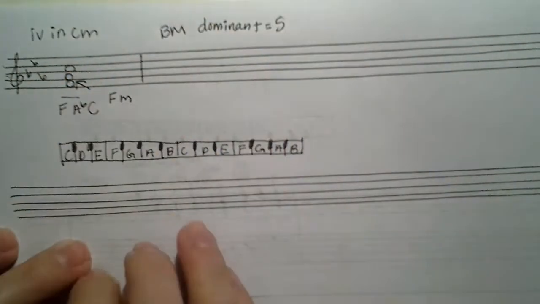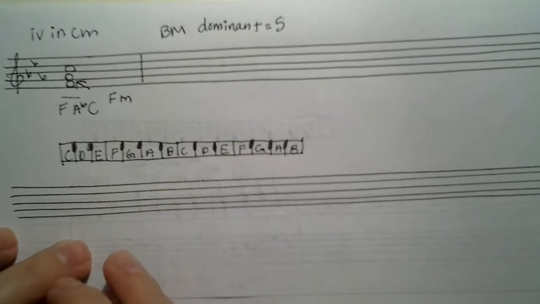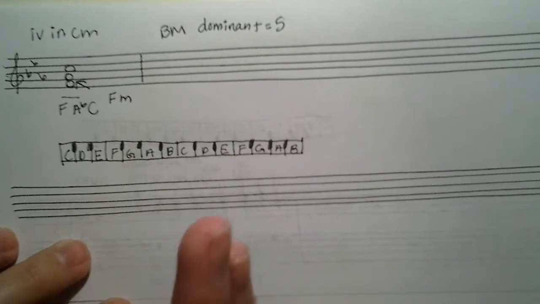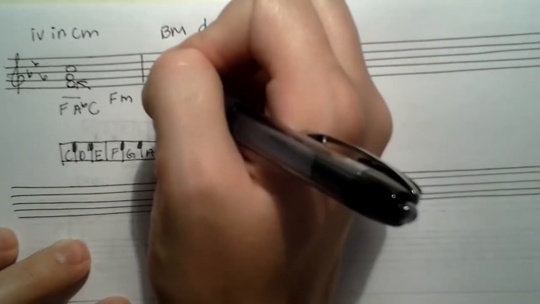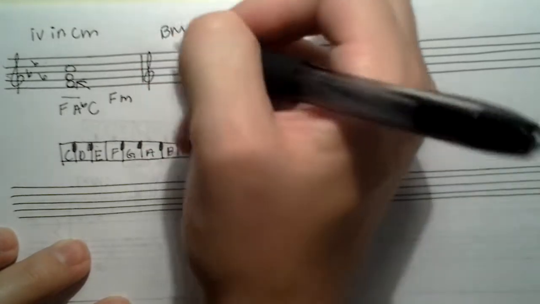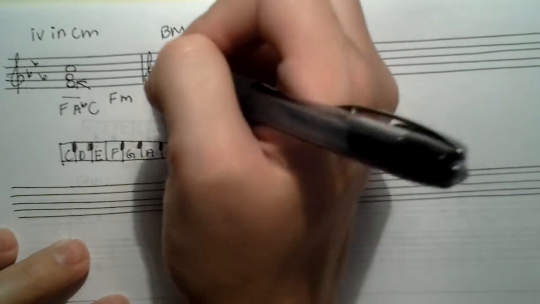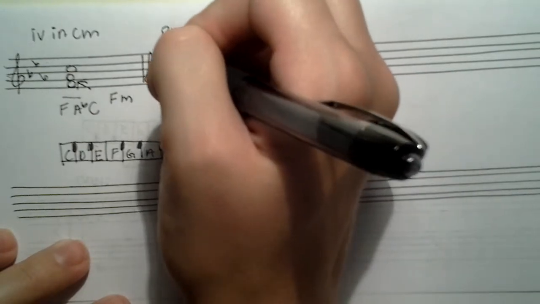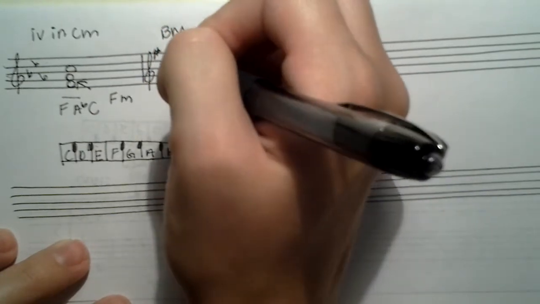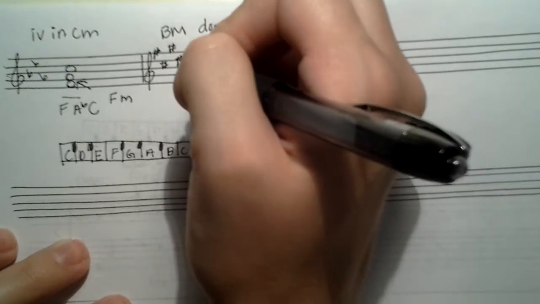So that means that if we're asking for a dominant 7th, we're going to start on the 5th scale degree. First thing we're going to do is put our accidentals in. So in B major we have 5 sharps. So that would be F, C, G, D, and A.